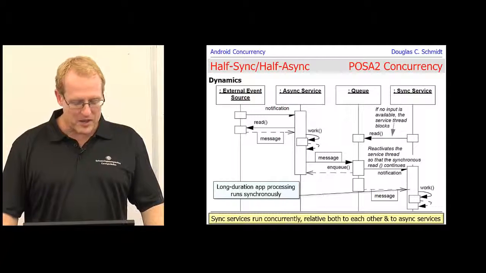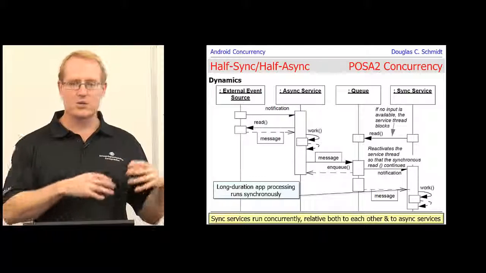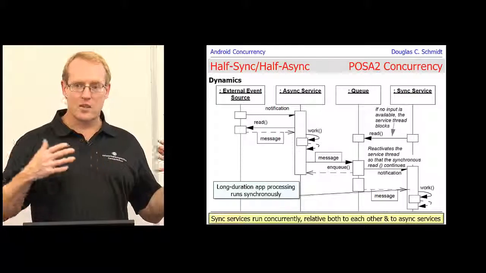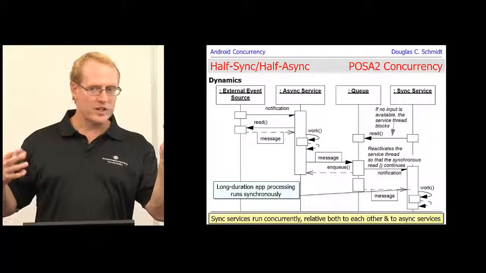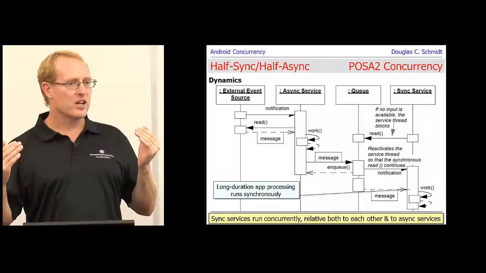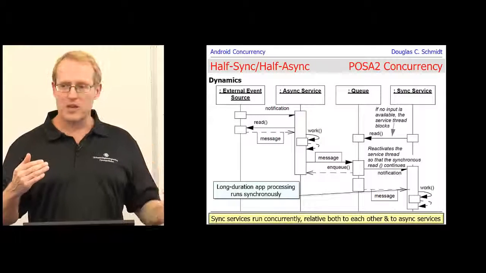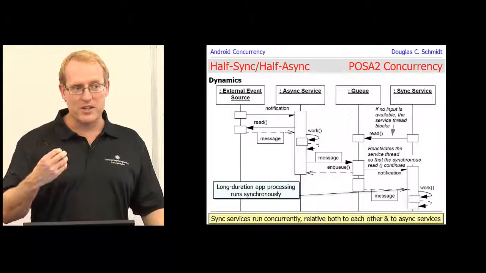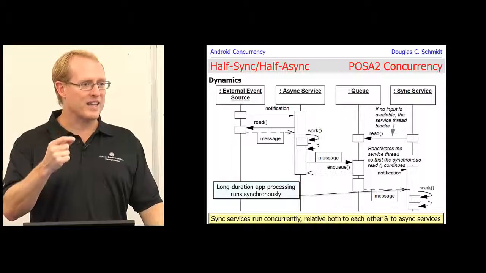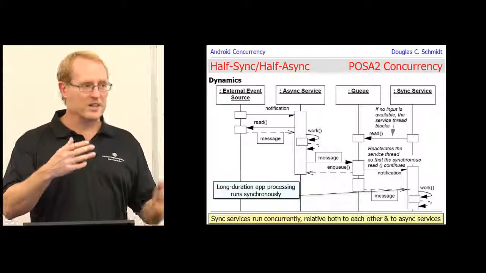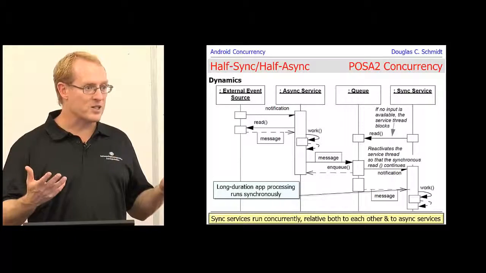OK, so keep in mind here that the synchronous services run concurrently, both with respect to each other and also to the asynchronous part. So what that suggests is that the parts in the asynchronous portion and the parts in the synchronous portion should be very, very careful how they interact with each other. For example, they probably should be extremely careful not to try to access shared state directly, because if they do that, they either need to lock it, which could then run into problems, or they'll end up with race conditions.